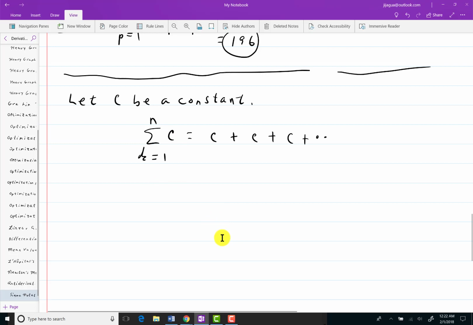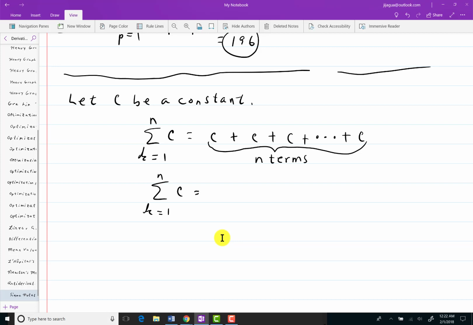This will go on until I get to k equals n. So this is a total of n terms. So the formula then, the sum from k equals 1 to n of just the number C, is C times n.